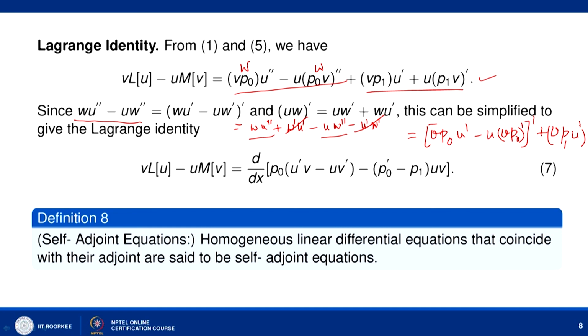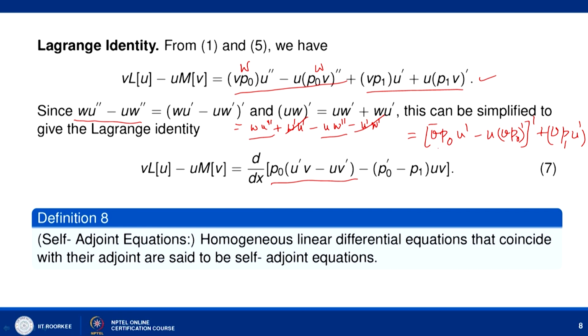If we simplify this, we can write v Lu minus u Mv as d by dx of P0 u dash v minus u v dash, minus P0 dash minus P1 uv. So when you simplify, you will get this.